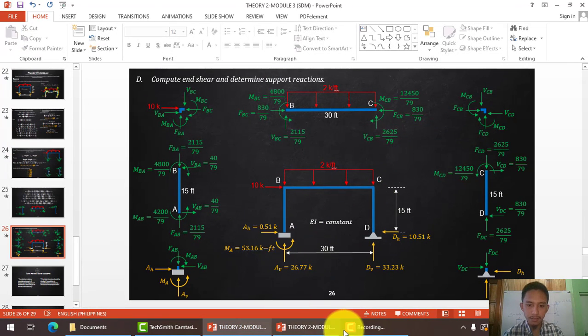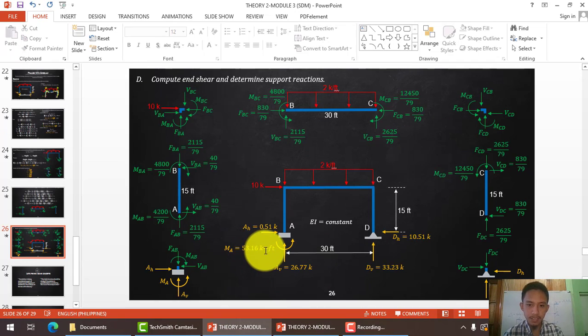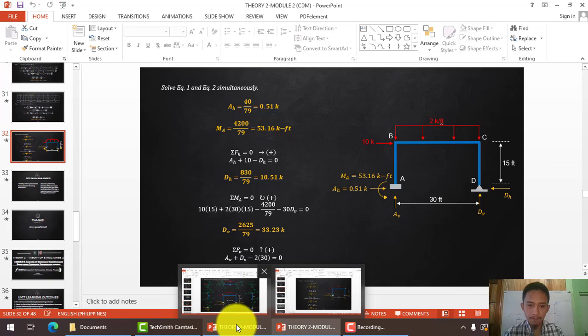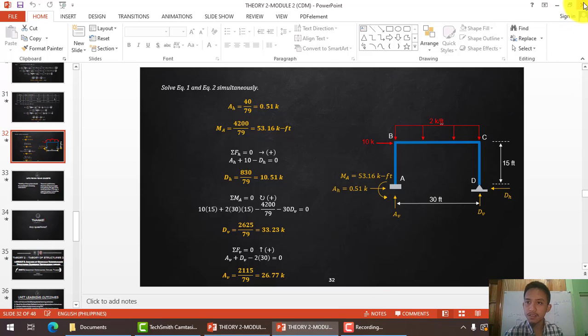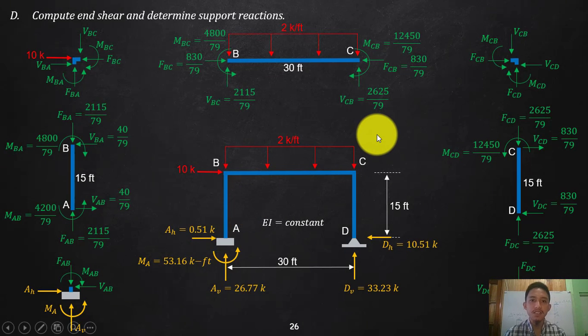So 0.51, 53.16, 26.77, AB is 26.77. DH is 10.51, DV is 33.23. Go to our answer for consistent deformation: 0.51, 10.51, 33.23. So we are the same using different methods. Okay, so that is slope deflection on frames with sidesway.